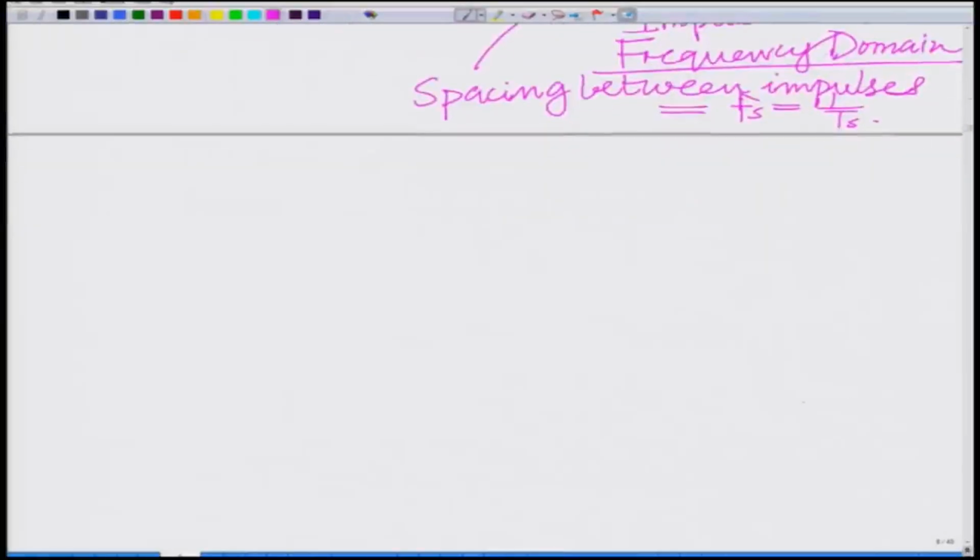Remember, the spacing in time equals T s, because T s is the sampling interval, so the impulses are spaced T s apart in time.